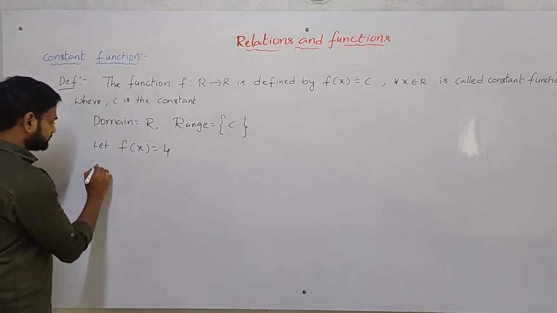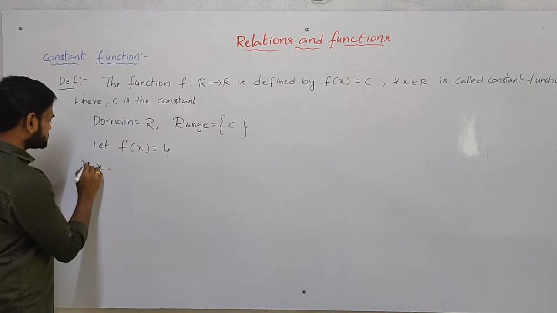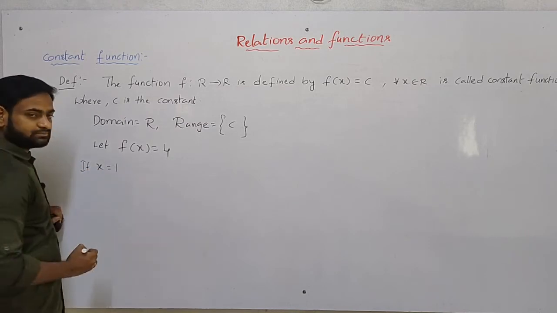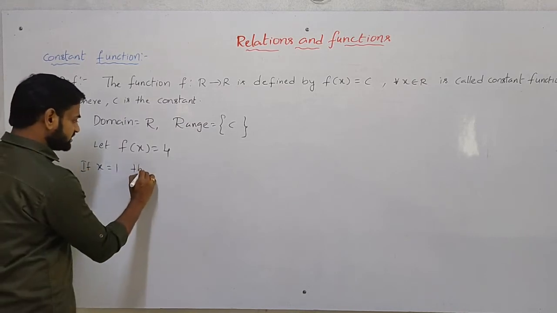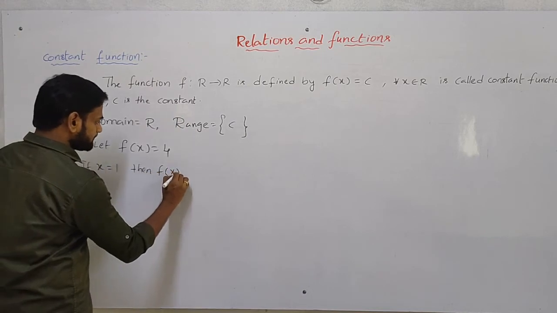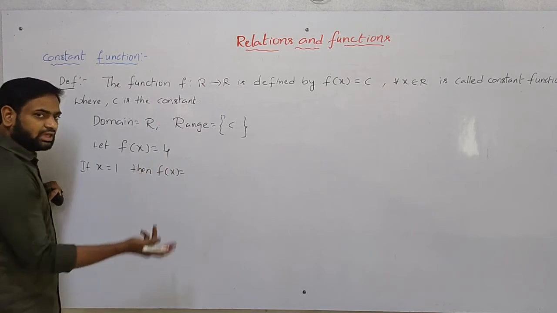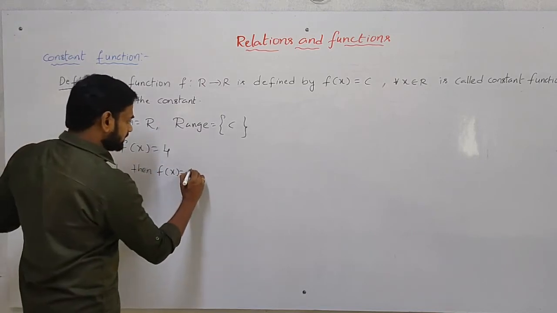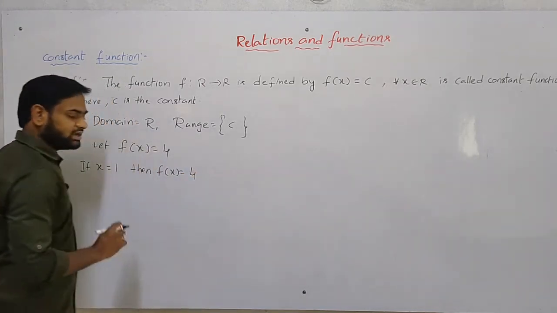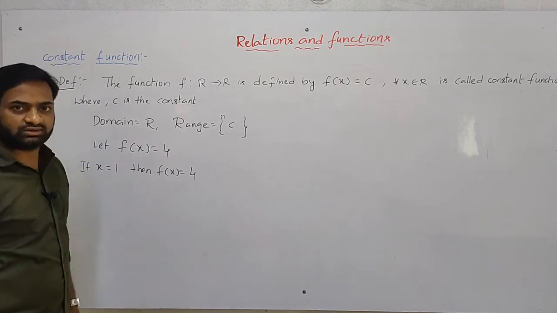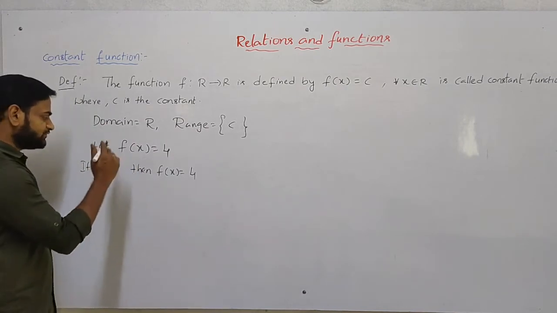Now see, suppose x value is 1, then f of x, substitute f of 1, again 4. f of x is 4 only because there is no change here, because it is a constant function.